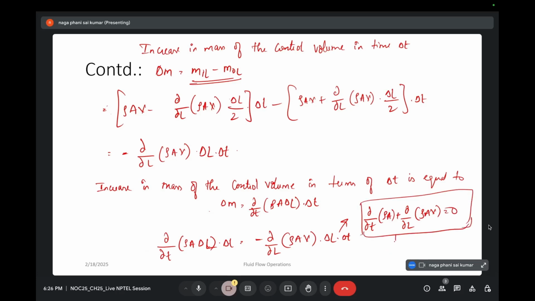So this is the continuity equation for one-dimensional unsteady flow.